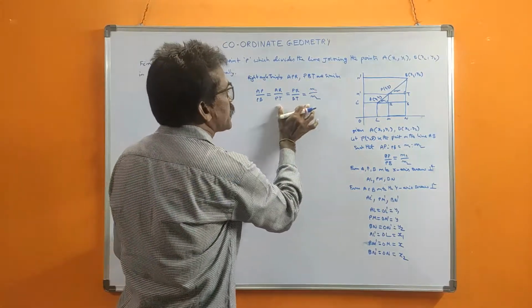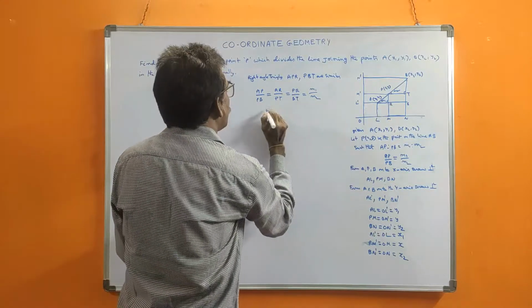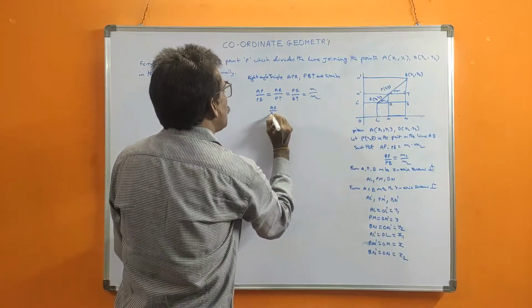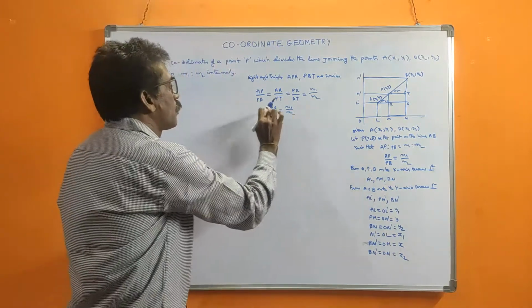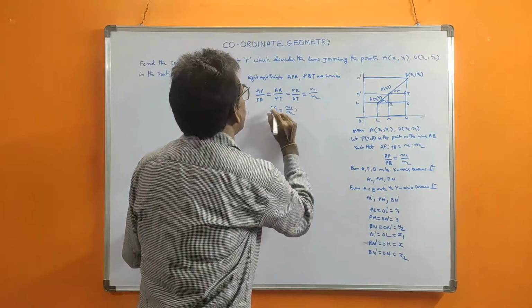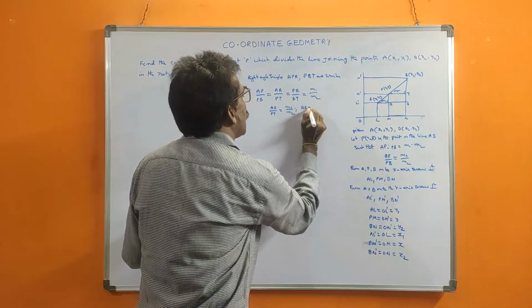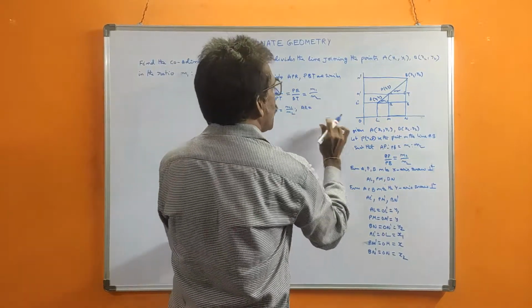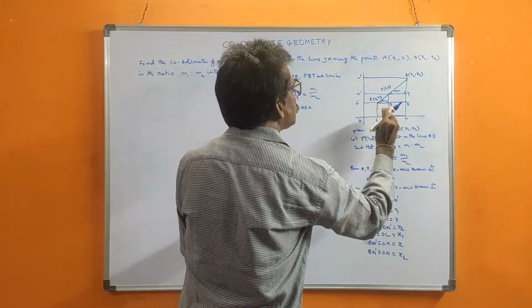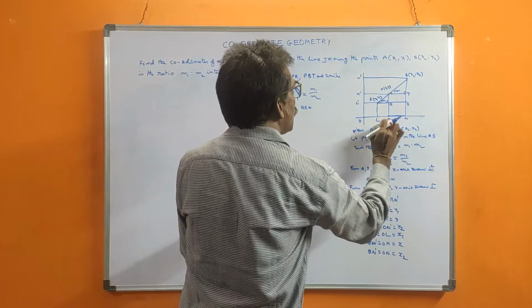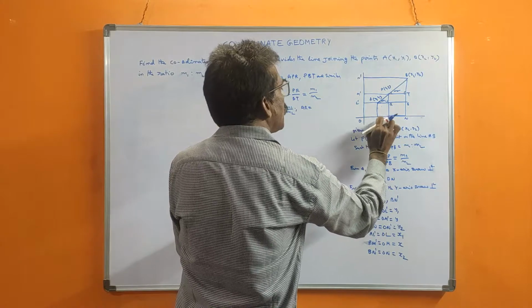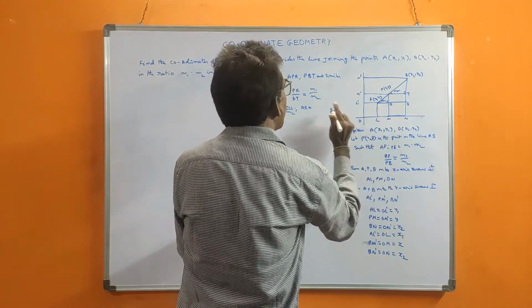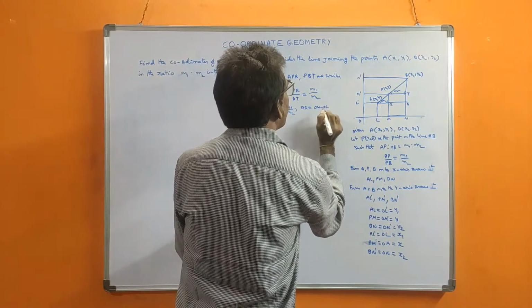Any set we can take. First, the horizontal set I am taking. Horizontal is AR, this set. So AR by PT is equal to M1 by M2. Now we are expanding this AR value. AR is equal to what? LM. In terms of O, how can you write LM? OM minus OL. So OM minus OL we can write.